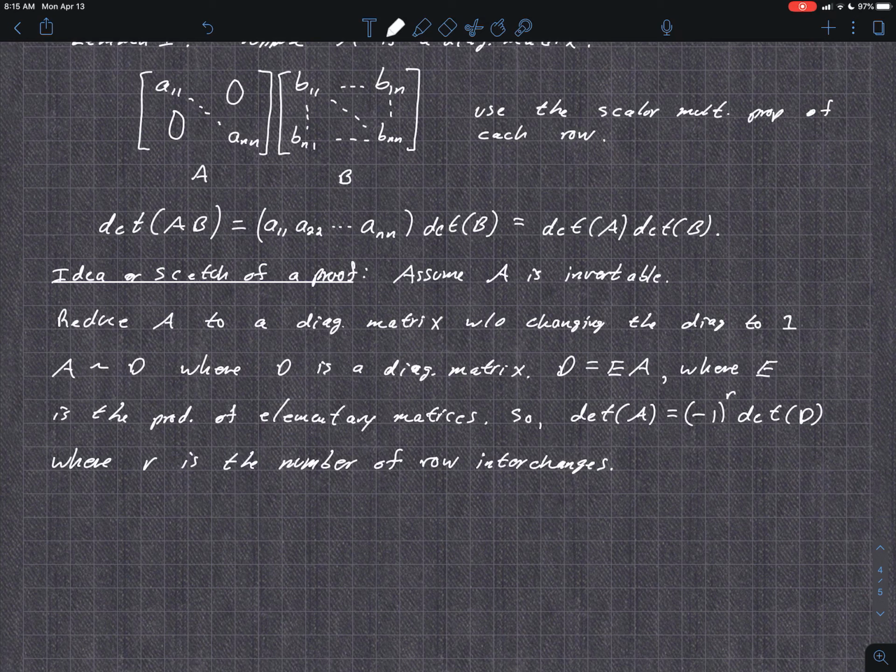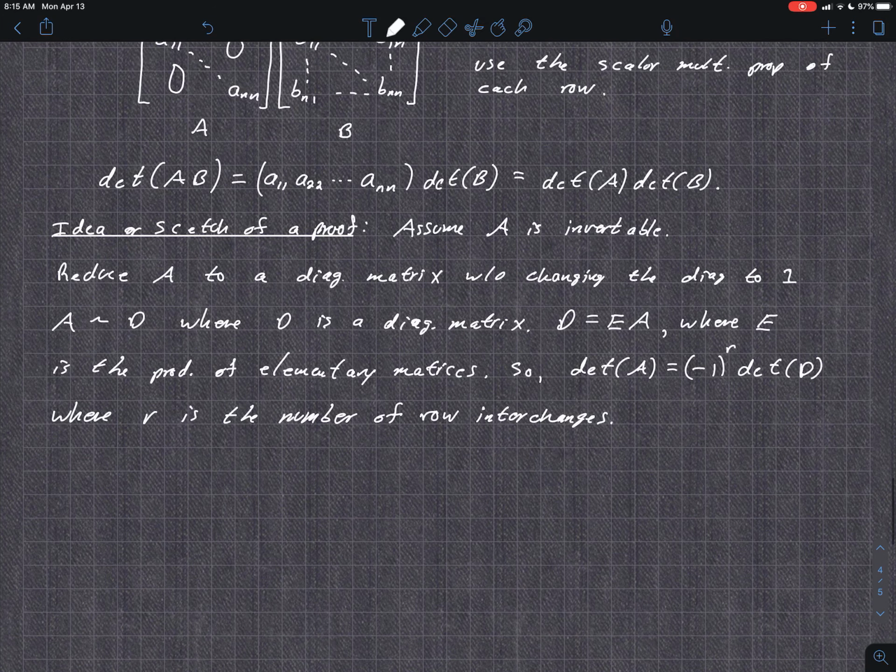So you have to picture what's happening with E. When you interchange the rows, you end up getting a negative 1, and you do that R number of times. So the determinant of A can be reduced to that because of the property of the elementary matrix.